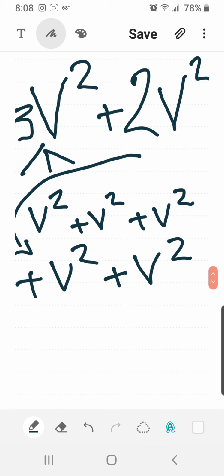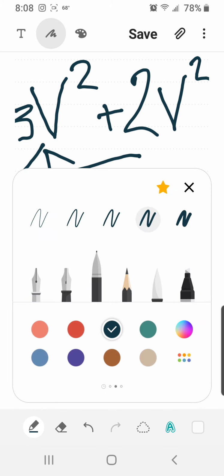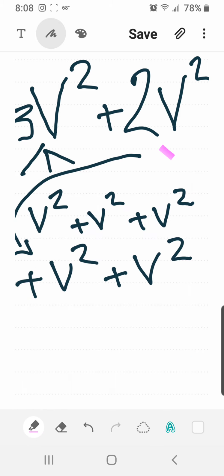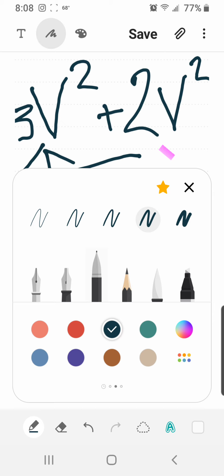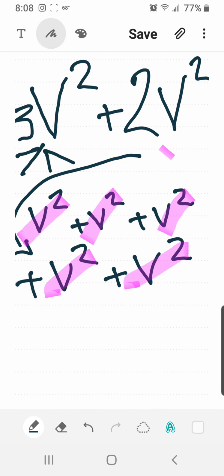All right, so if we count that up, we have 1, 2, 3, 4, 5 v squared. Okay, so what we ended up doing is we added together the coefficients, aka the numbers in the front.